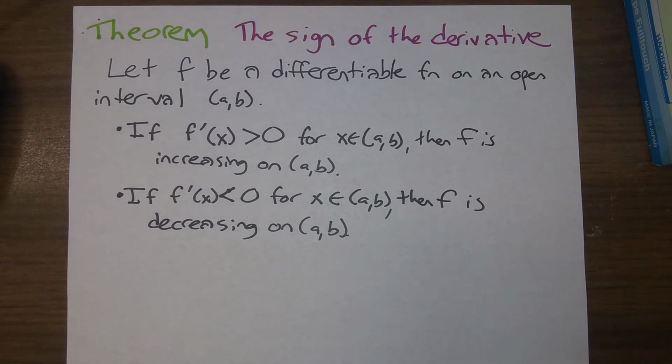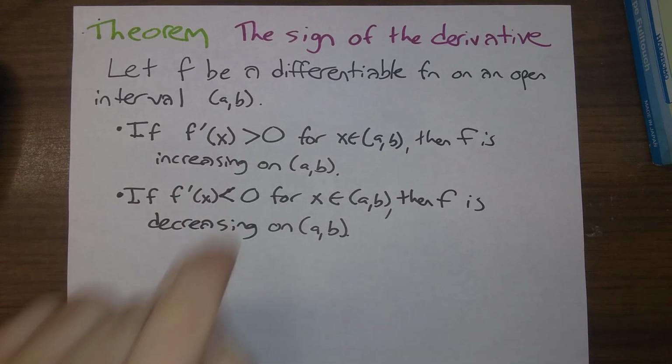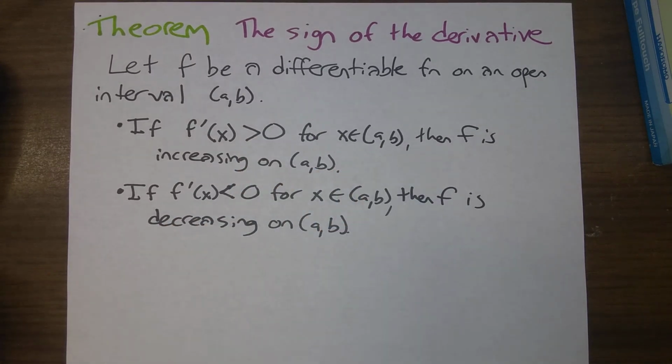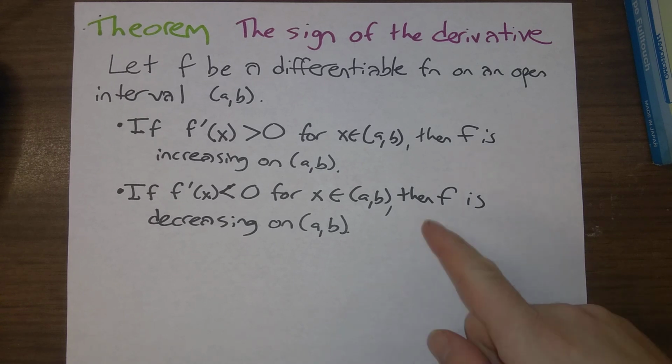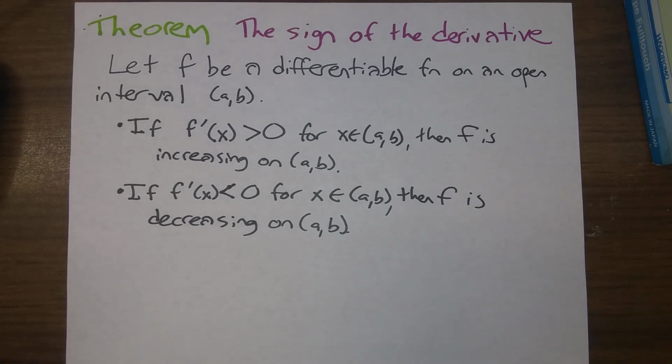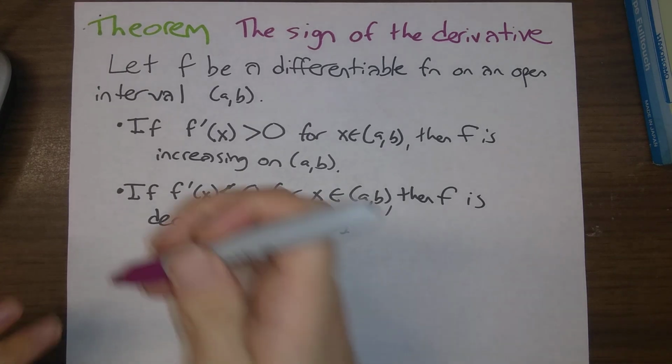If f prime of x is strictly positive, greater than 0, for all x between a and b, then f is increasing on the interval from a to b. If f prime of x is less than 0 for x between a and b, then f is decreasing on the interval a to b. Again, we can prove this using the mean value theorem without too much difficulty.